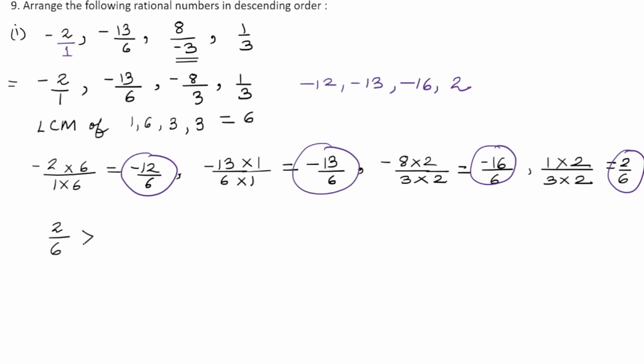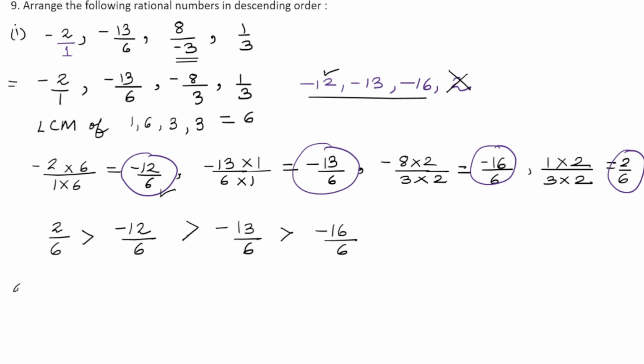This is the largest number here, followed by the next largest number, minus 12 by 6. Next, the next smaller number is minus 13 by 6, and the smallest number here is minus 16 by 6.